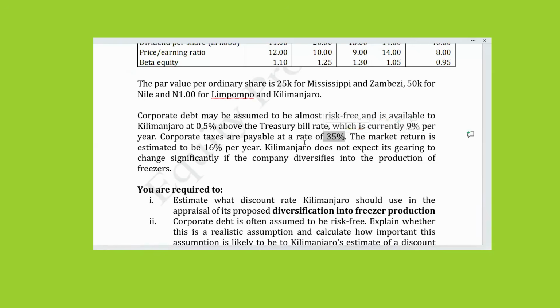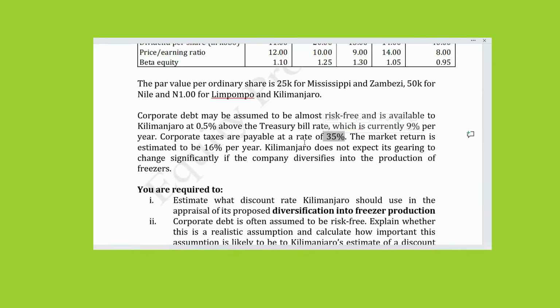At times, the examiner may give you different tax rates for the proxy as well as the main company. At times, the examiner will give you a debt beta for the proxy company, then give you another debt beta for the main company. At times, they will not give you any debt beta. At times, the examiner will give you the debt beta of the proxy, and you are not going to be given a debt beta for the main company. So you just have to shine your eye.